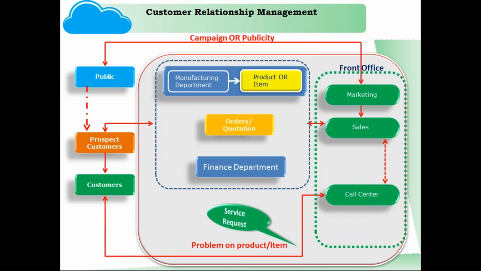As soon as I call the call center, they ask for my product ID. Using that product ID in Salesforce, the call center executives can see my entire history: when I bought the product, whether the warranty period is there or expired, where I am staying, how much time it will take to reach me for fixing the bugs, and so on. That is the purpose of the call center.